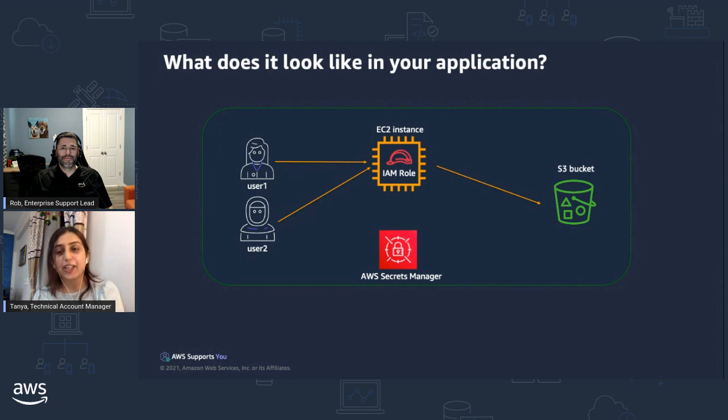Okay, so in the next one, let's see what it looks like in your application if you're using AWS Secrets Manager. Here we illustrate what you see on the slide. We have two users accessing an application running on EC2 instances. They might visit a website that needs to retrieve files we have stored in an S3 bucket. Through this configuration, the users access that website and the EC2 instances make a call to AWS Secrets Manager.